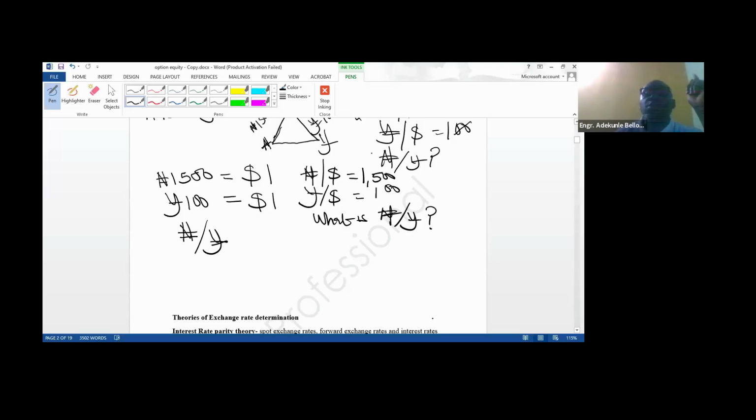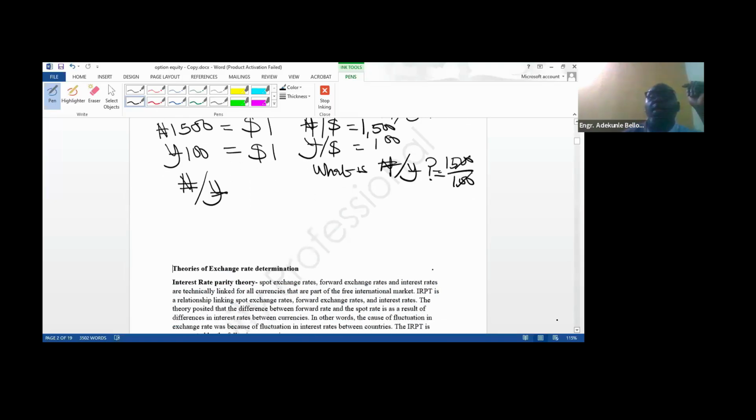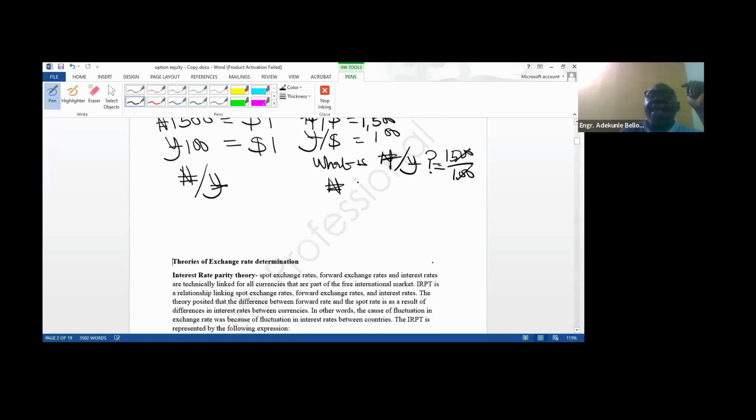You now do division. 1,500 naira divided by 100 yen. Divide this. That means I require 15 naira to buy one Japanese yen. That is cross rates.